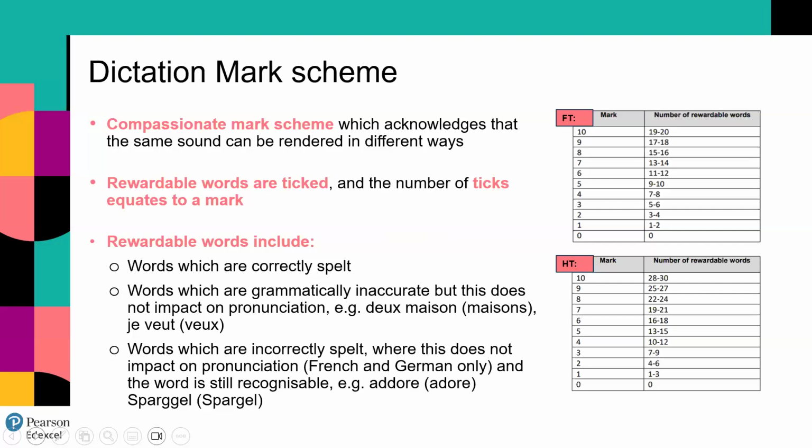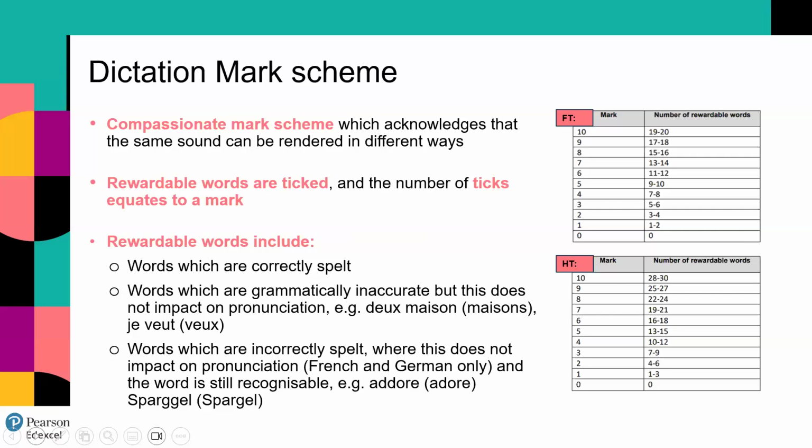So the mark scheme is we've tried to be compassionate wherever we could in the specification. We have tried to be compassionate. I'm going to go over that in a moment, but we've tried to acknowledge the fact that in French especially, some sounds can be rendered in different ways.